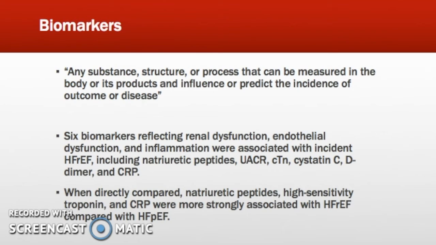Six biomarkers reflecting renal dysfunction, endothelial dysfunction, and inflammation were associated with incident heart failure with reduced ejection fraction, including natriuretic peptides, UACR, cTn, cystatin C, D-dimer, and CRP. When directly compared, natriuretic peptides, high-sensitivity troponin, and CRP were more strongly associated with heart failure with reduced ejection fraction compared with heart failure with preserved ejection fraction.